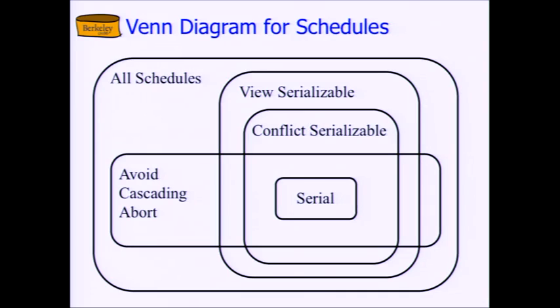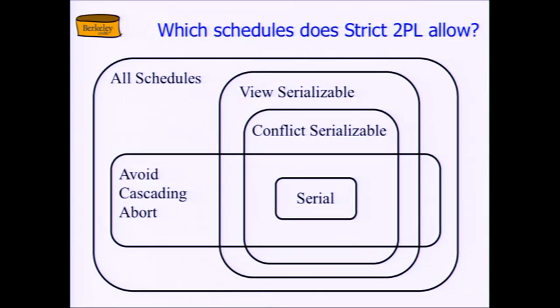But avoid cascading aborts is sort of a crosscut. And then, which schedules does strict 2PL allow? Some of the conflict serializable schedules. Actually, it's not entirely equivalent. And you might want to think about conflict serializable schedules that 2PL prevents. All right, I'll let you do that in your copious spare time.